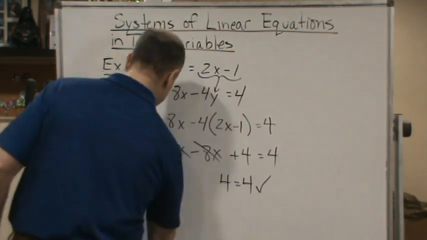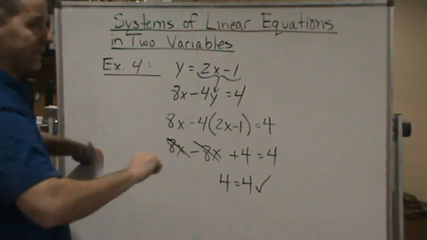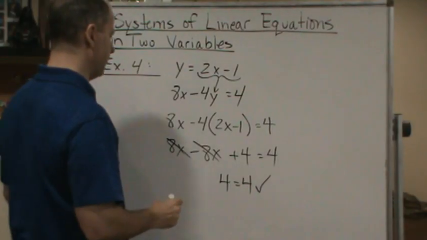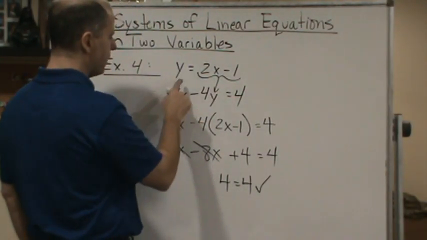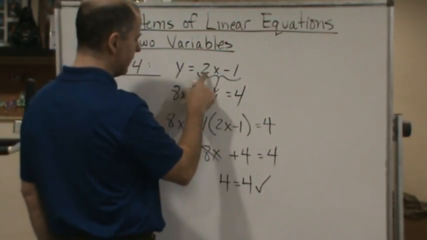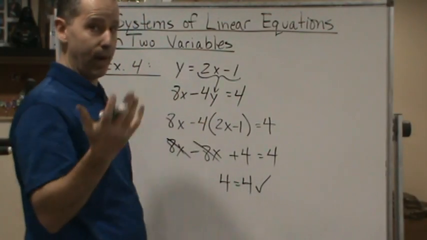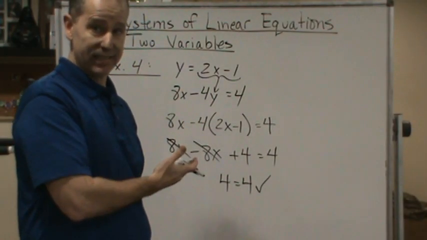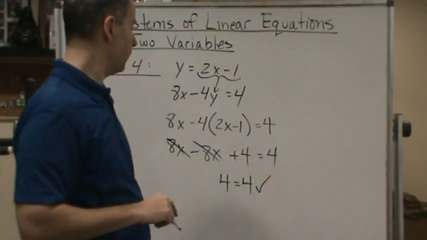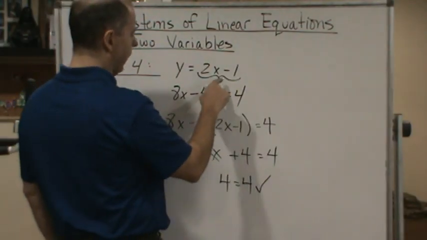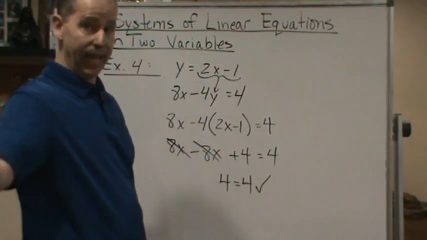But let's go back to how we write the answer. How do we write the solution set? Here, y is equal to this, so what we could do is use a parameter. We could use x as the parameter, and say x is free to be anything.